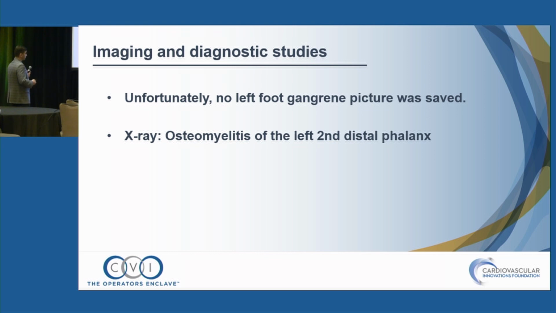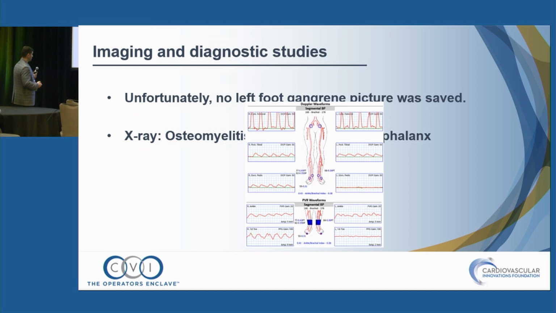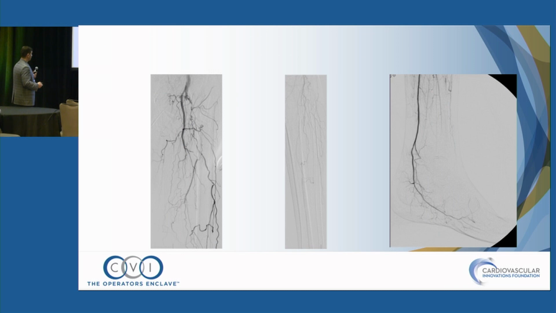Okay, so that's her presentation again in February 2022, and this was an inpatient service. We don't do a good job at taking pictures in inpatient service, so I don't have a picture of her left second toe gangrene, but her x-ray showed osteomyelitis of the left second distal phalanx. Those are the ABI waveforms on the left, as you can see, very damped at the ankle level and flat at the toe level on the left side.